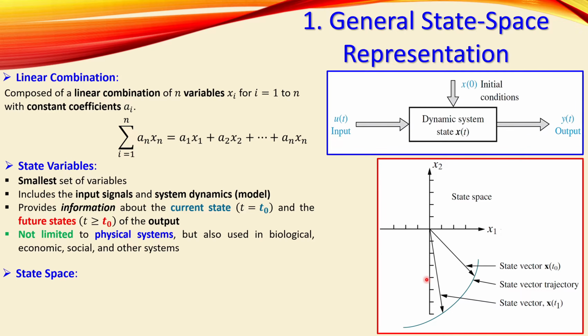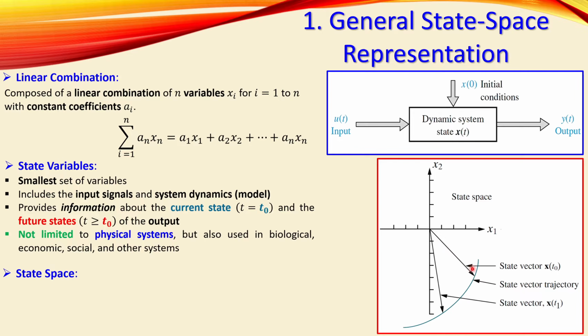And this is the space we are talking about. What we have is this vector, which is the state vector. This state vector is the effect of x1 and x2. If you have, of course, 3 variables, you will have another vector, which is then dependent on 3 state variables, x1, x2, and also x3, for example.